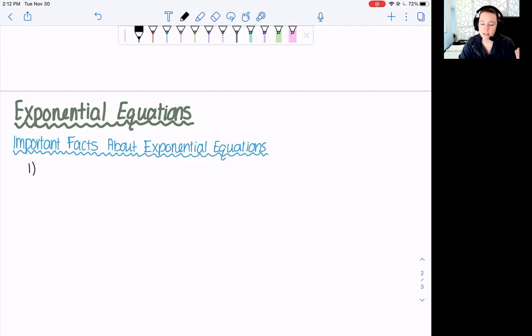Exponential equations are going to be equations that have exponentials in them. And exponential functions do not have any domain restrictions. So we do not need to check our answers for exponential equations the way that we had to do with logarithmic equations. So that's nice. We don't have to actually check our answers to make sure that they don't cause a domain issue. With exponential equations, you don't have to worry about that.